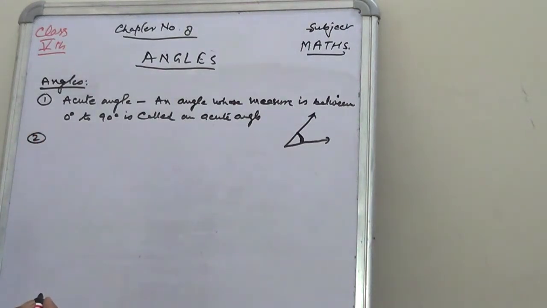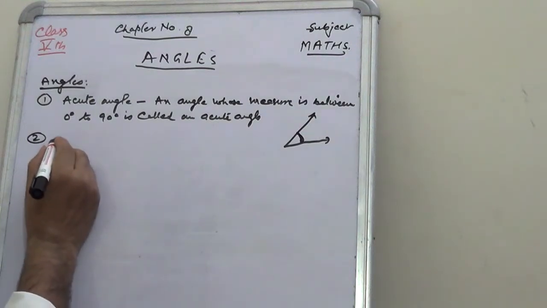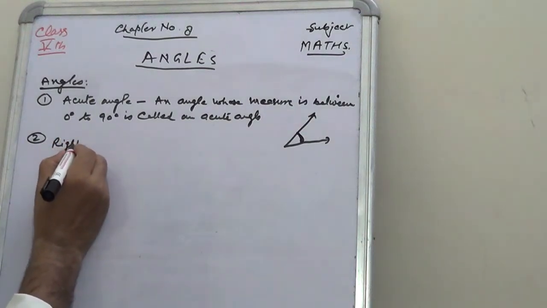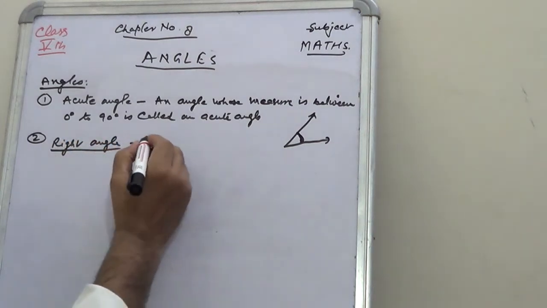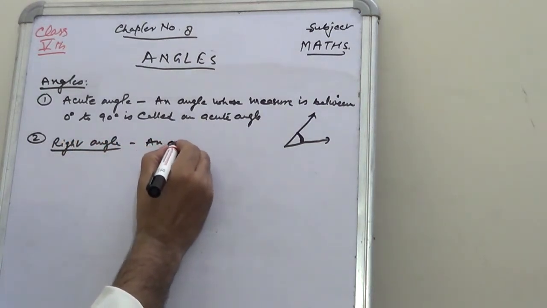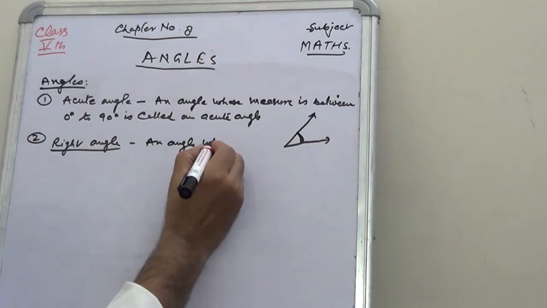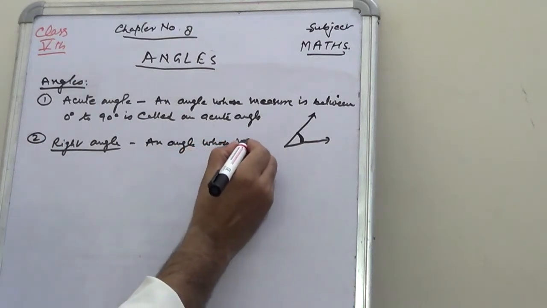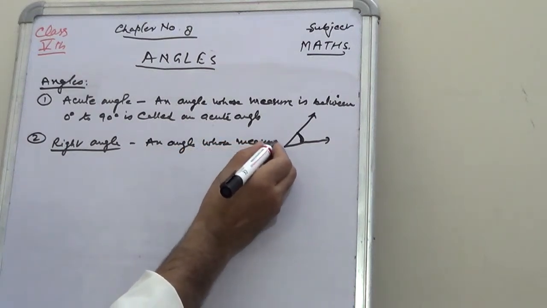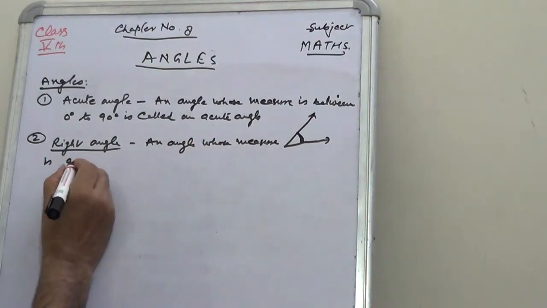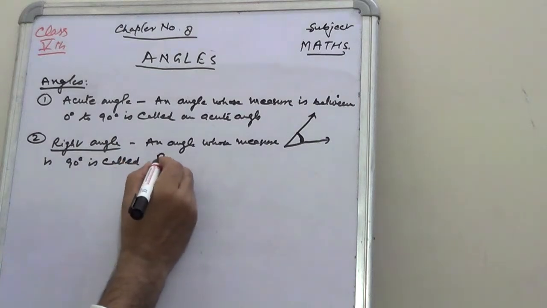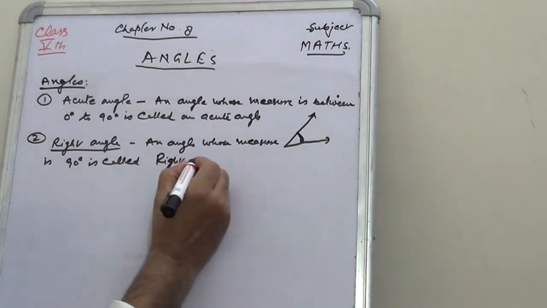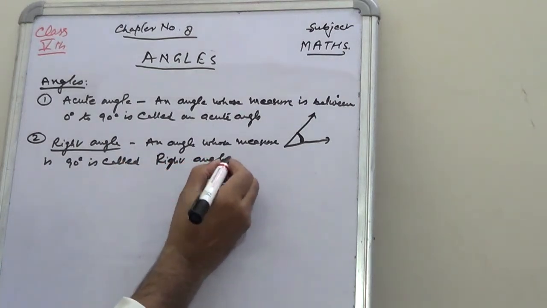Second angle is the right angle. An angle whose measure is 90 degree is called a right angle.